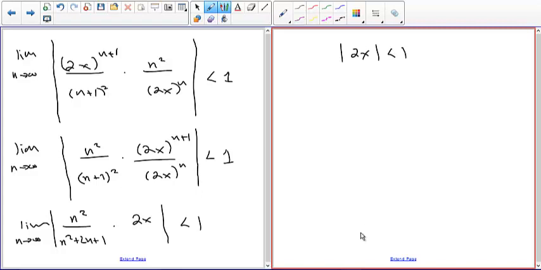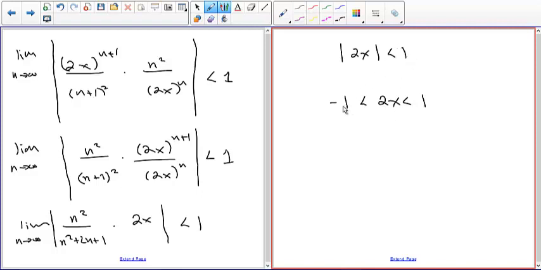Now, how do you handle the absolute value? Well, the way this works is this is the same as that. When you have an absolute value inequality, you can make this into a 3-part inequality, and you take plus or minus whatever that is.